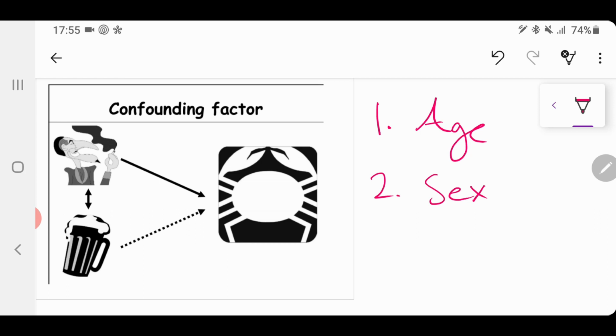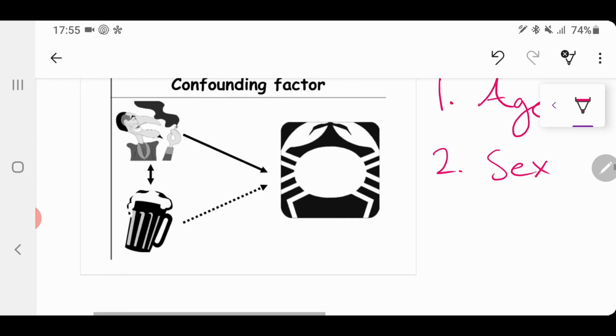Now, what confounding factors mean is that factors may have a relationship with other factors, which then leads to a certain disease. So let's say lung disease is the disease.